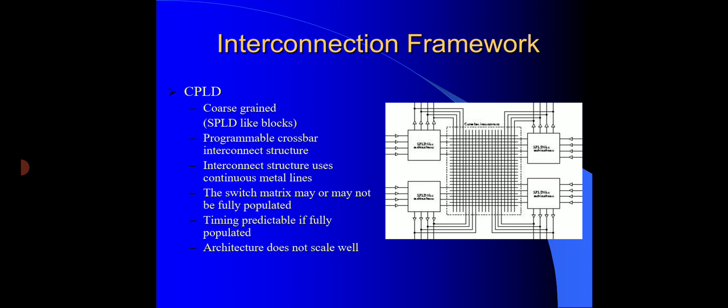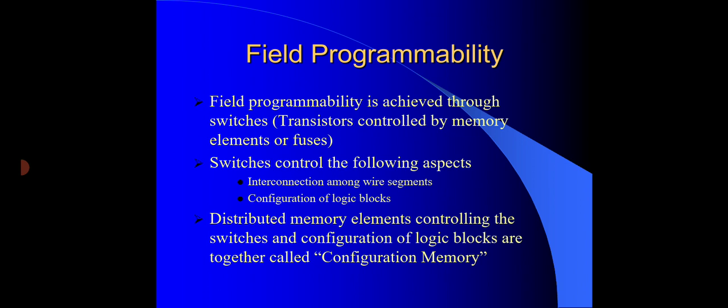The major disadvantage is that it does not work with the standard CMOS process, whereas this one is widely used as reprogrammable. It can be reprogrammed, is non-volatile, and is also used in the standard CMOS process.